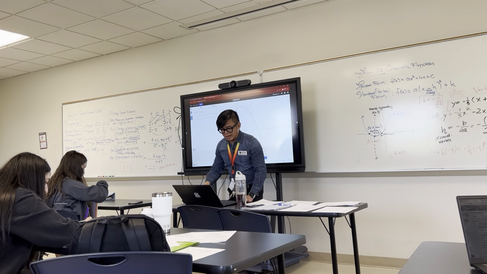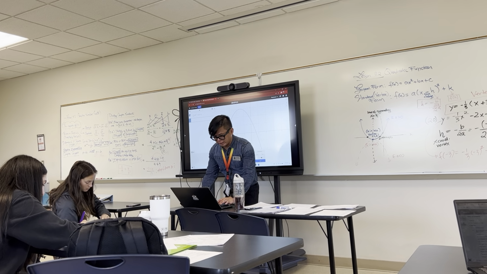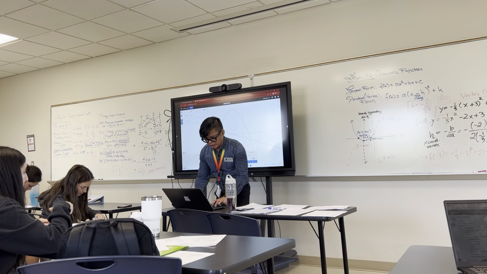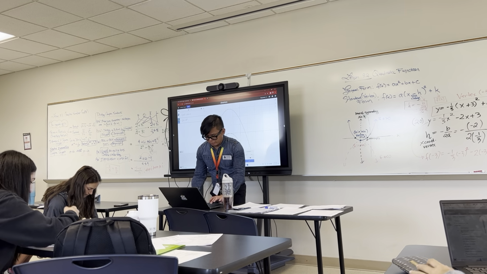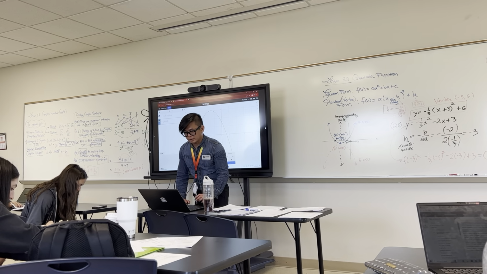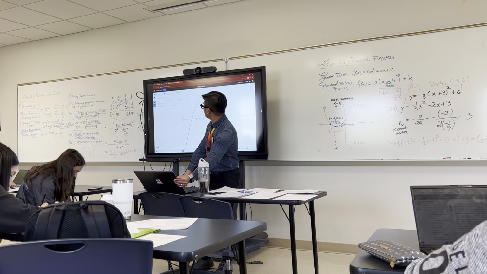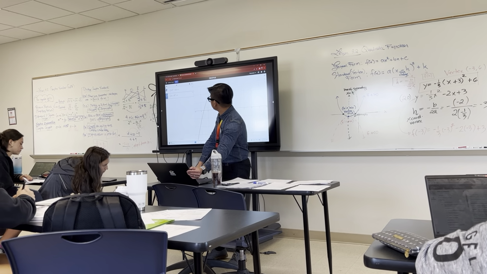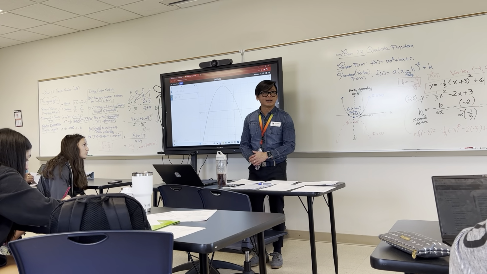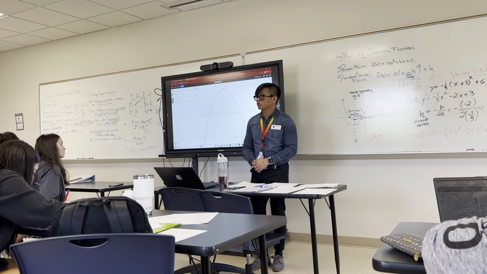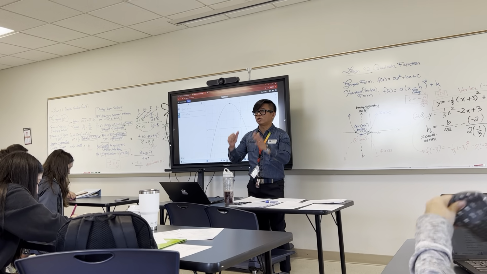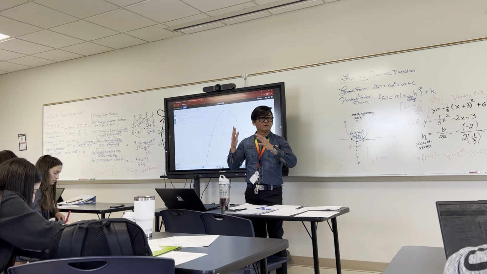Is it the same as our standard form? What is our standard form again? Negative 1/3 parenthesis x plus 3 squared plus 6. And as you may notice, the green and the blue are basically the same. Right? And as you may notice, the vertex here is at negative 3, 6. Are we good? Right? So we're going to continue with this one. At this time, we have seen the general and standard form conversion.